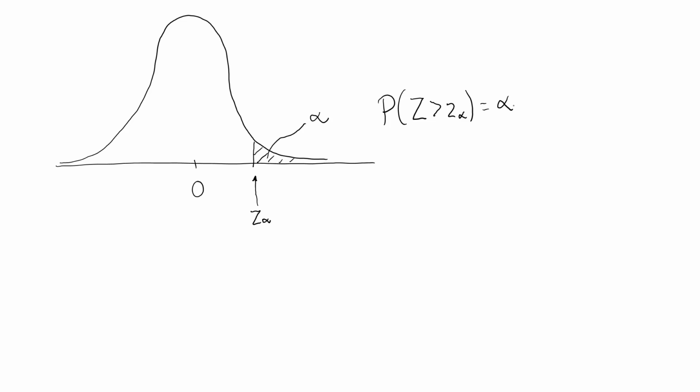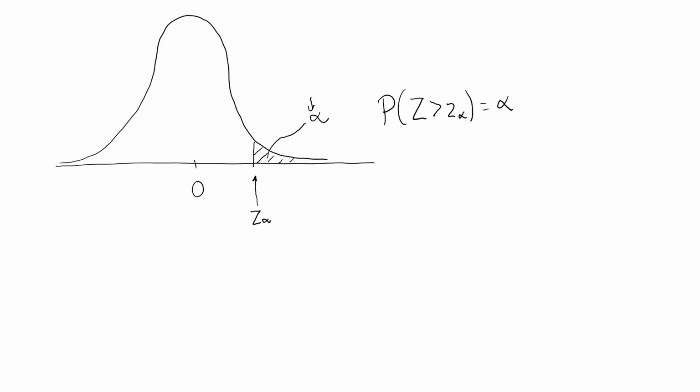That is the implicit definition of z alpha. And the name we give for z alpha is the critical value for the standard normal with a level of significance equal to alpha. So this alpha is called the level of significance.